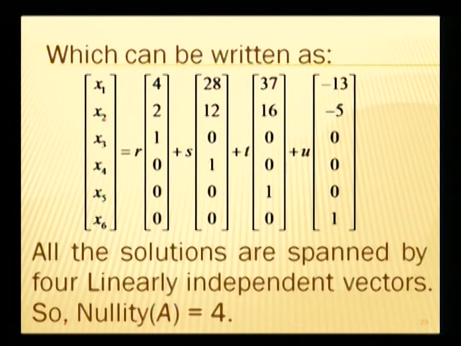Here we can see that all the solutions are spanned by 4 linearly independent vectors, and hence we can say that there are 4 basis vectors in the null space of A, and therefore the nullity of A is 4.